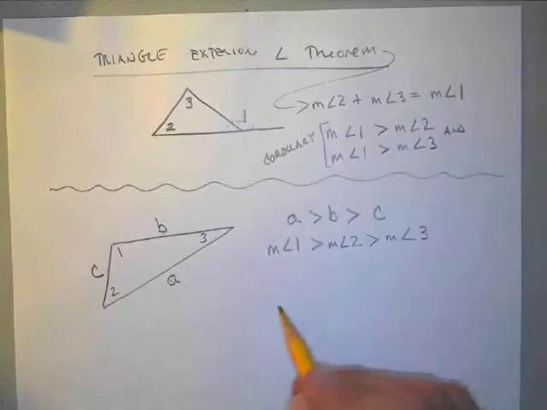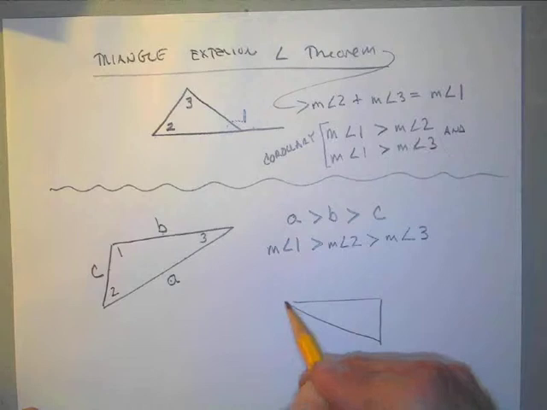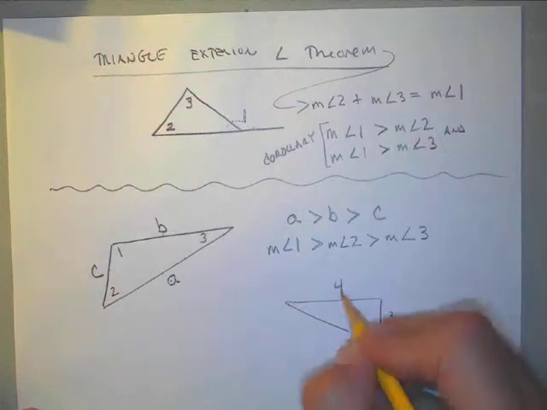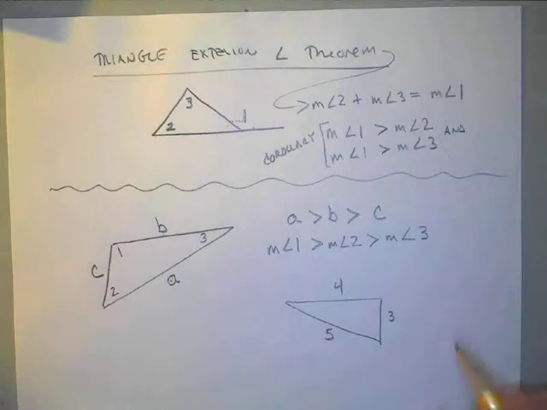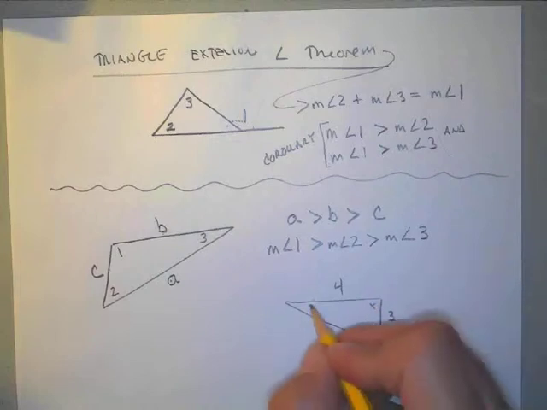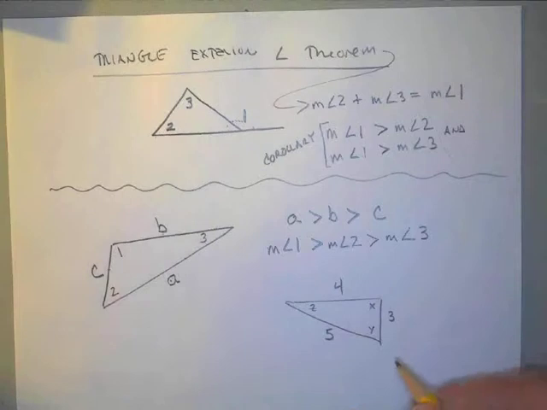So let's apply that. Let's say that we have a 3, 4, 5 triangle. And we'll label these, I don't know, X, Y, and Z. So the question would be, which angle is the largest?